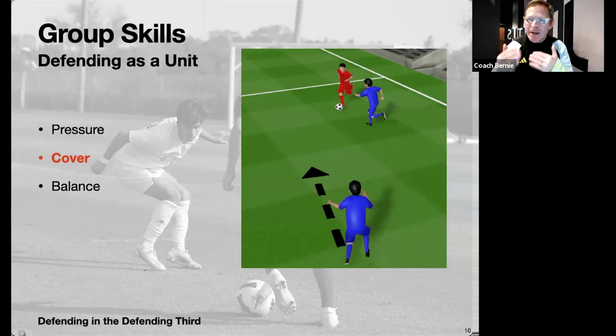So there's got to be great communication now, players, between the pressure player and the cover player on what we're doing. Because what's going to happen to us if the pressure player is trying to bring that player inside, but this player right here is hanging out over here on the right or right behind him on the line? What's going to happen?